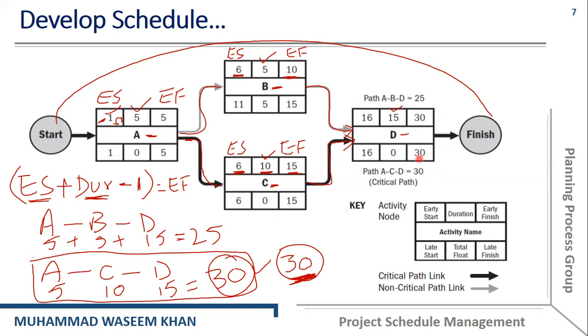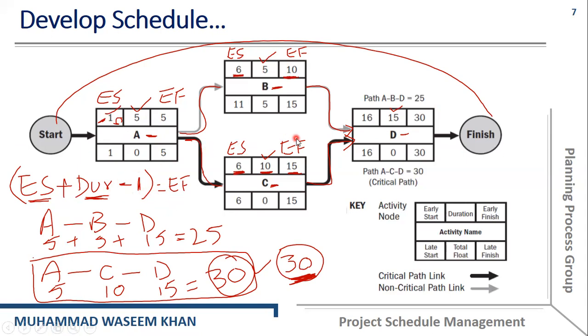So we need to find the latest start. How can we find it? We will use another expression here, which is latest finish minus duration of an activity plus 1. As you know, in the forward direction, for finding the earliest finish, we used a different formula.